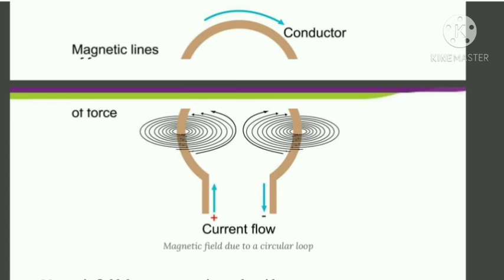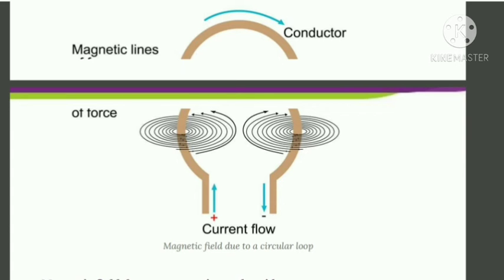Suppose the straight wire is bent in the form of a circular loop and current is passed through it. The magnetic field produced by a current carrying straight wire depends inversely on the distance from it.